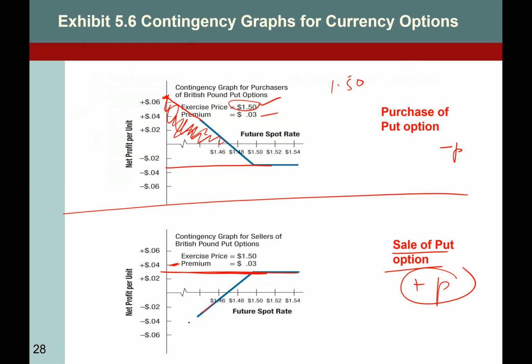Similarly, the loss is also limited in the case of selling the put option, because the price can at maximum go to 0. It cannot be negative. Understand? Any question? That's why I spent a lot of time making you understand the seller side of the call option and put option.